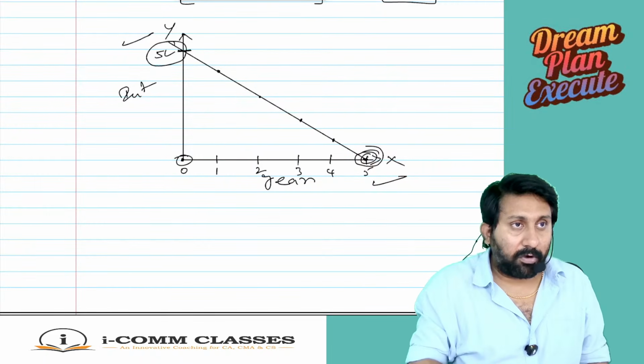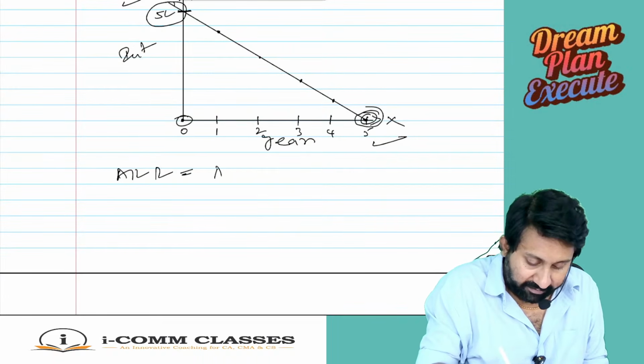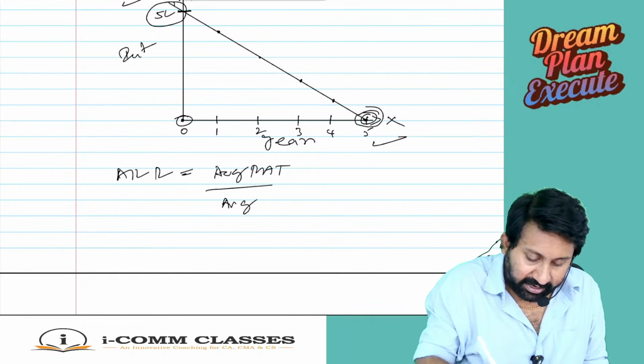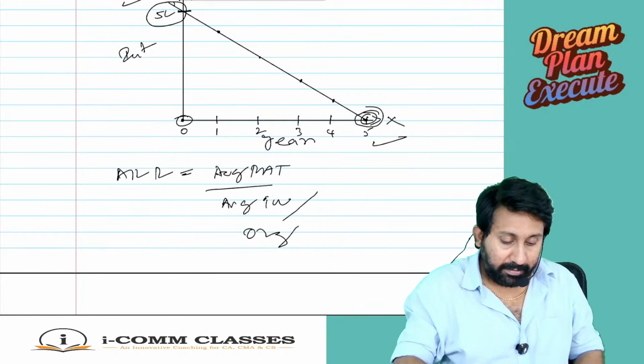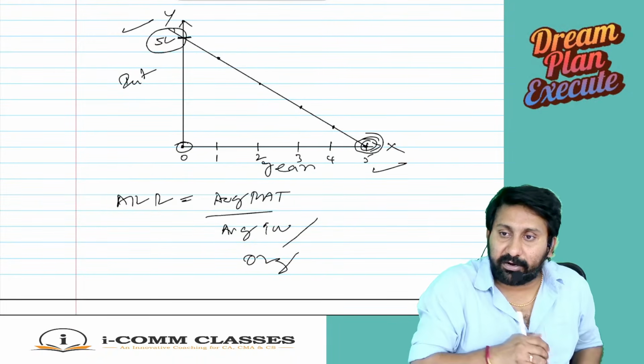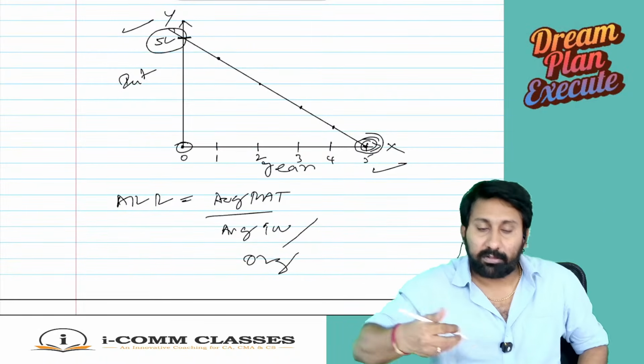Now listen. What is the formula for ARR? Average profit after tax divided by average investment or original investment. Correct? When I invest, profit will come over the 5 years.